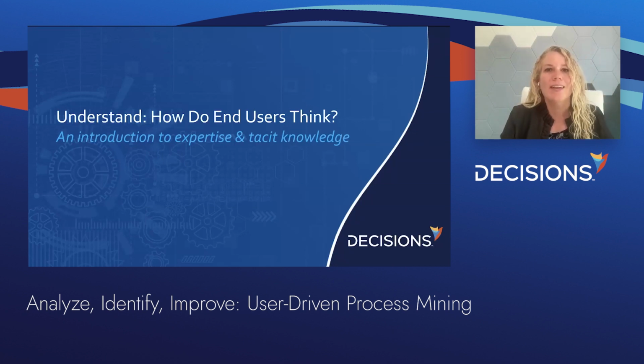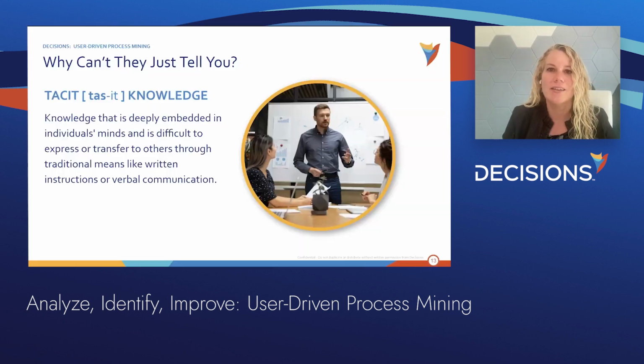On our next slide, we're talking just about tacit knowledge. Tacit knowledge is the answer to why can't they just tell you. Tacit knowledge is deeply embedded into individuals' minds, and it's difficult to express.